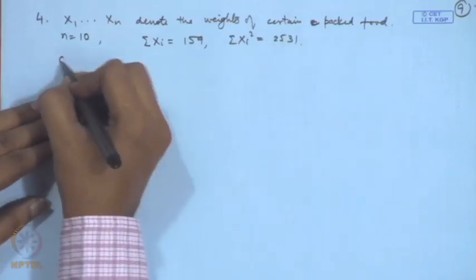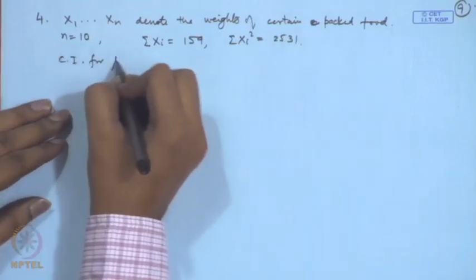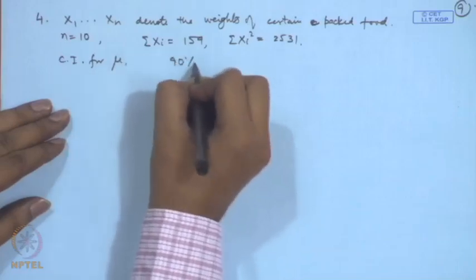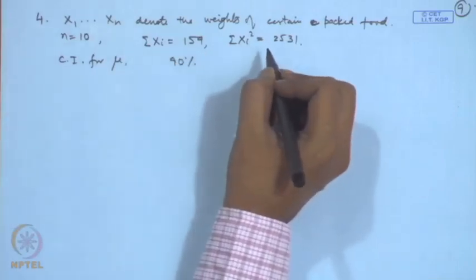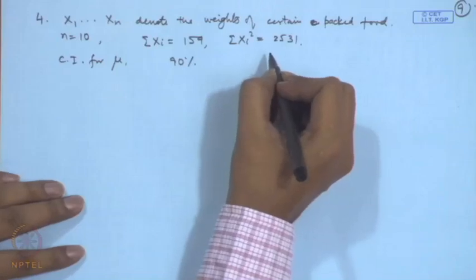We want the confidence interval for mu, say a 90% confidence interval. So, here n is equal to 10.